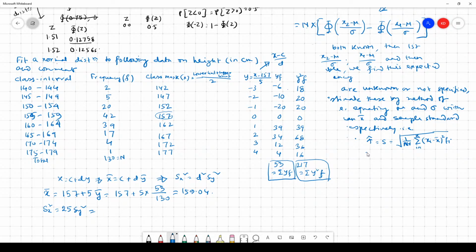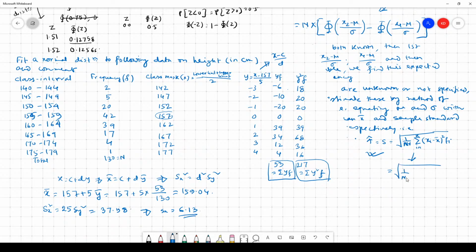Using this formula, we get this almost equal to 37.5758. Please check this. Okay, so s_x approximately equal to 6.13.